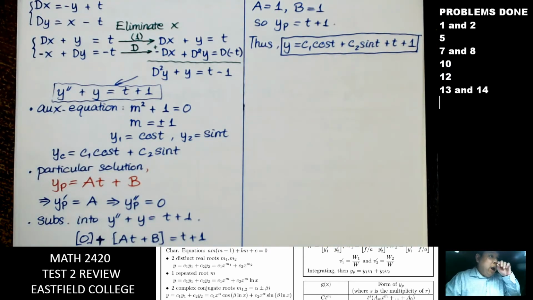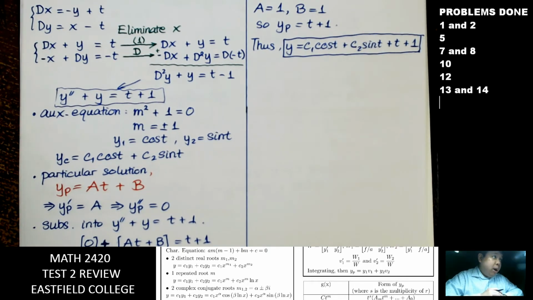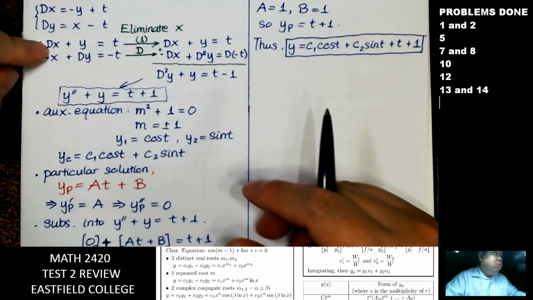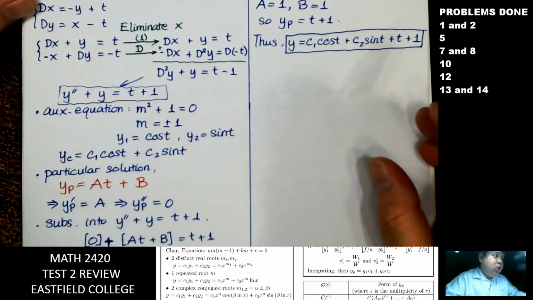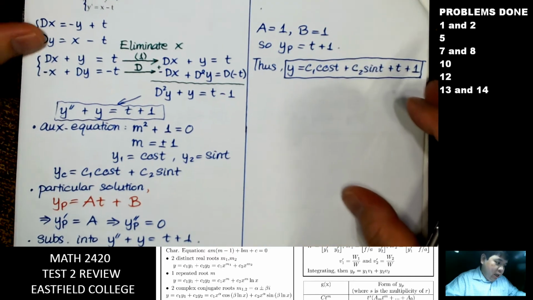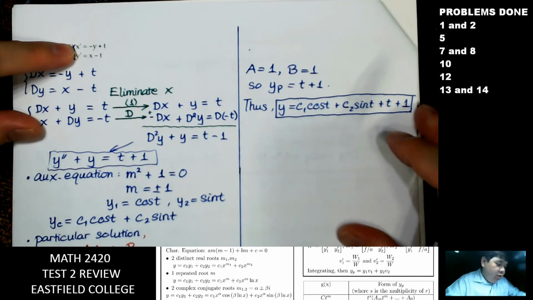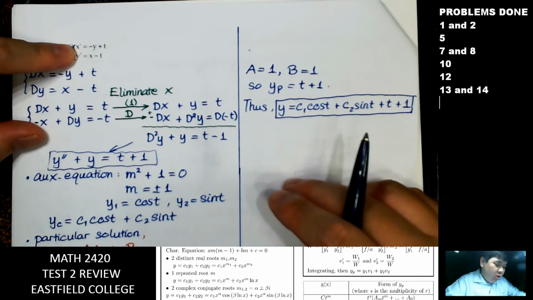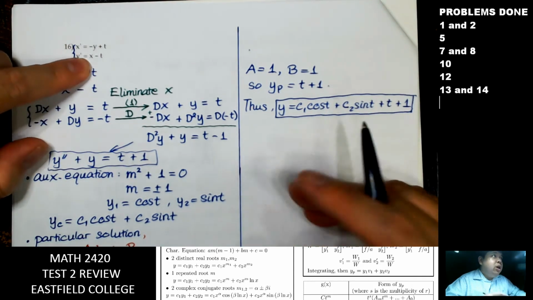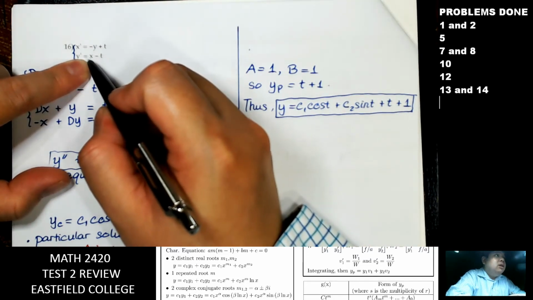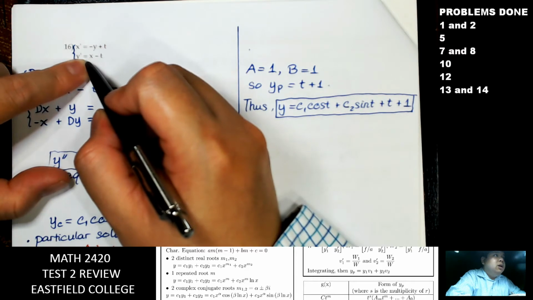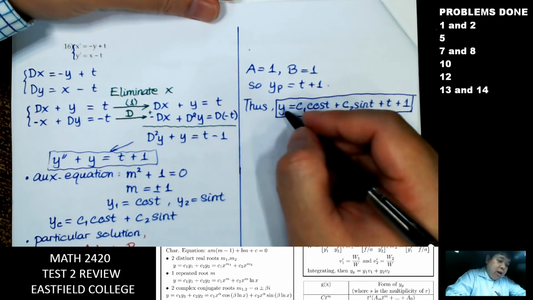Next, we have to solve for x. We can do the same way. Eliminate y. From here we have x. But the best way is to use substitution. So let's see substitution. From this equation we have the derivative of x. I don't want to deal with the derivative, just want the function. So it would be best to substitute into this equation. Right. We have y.